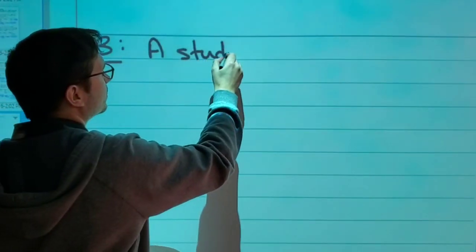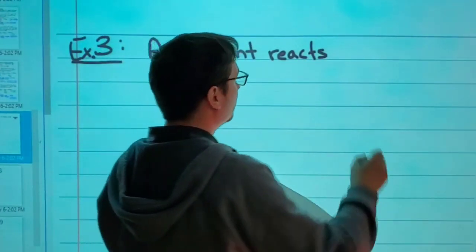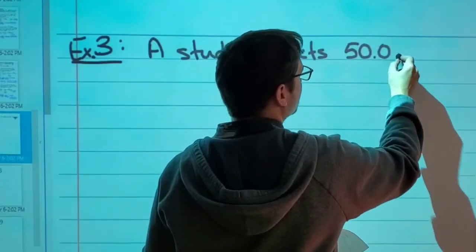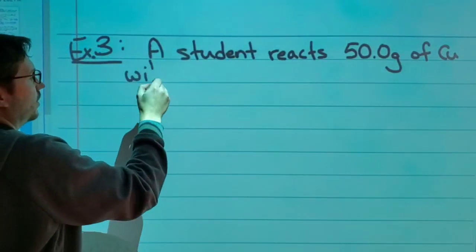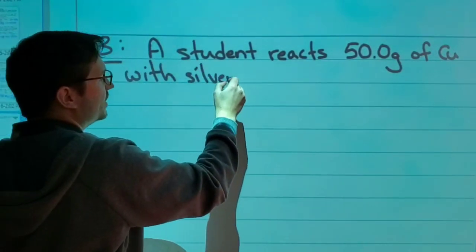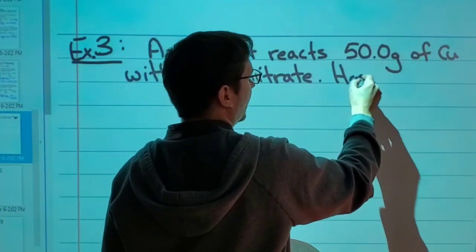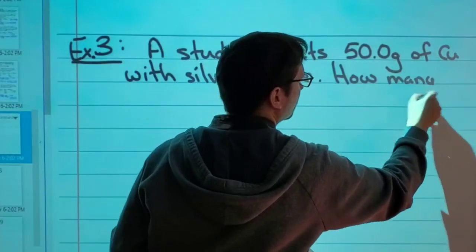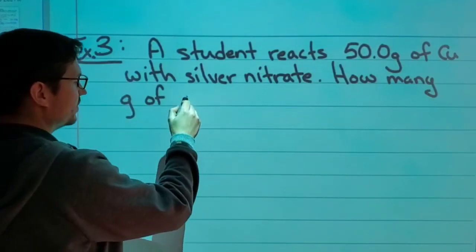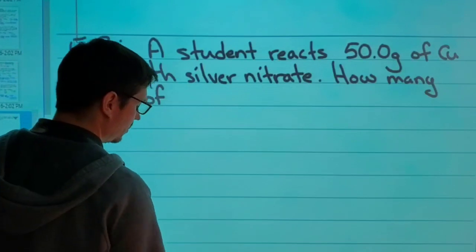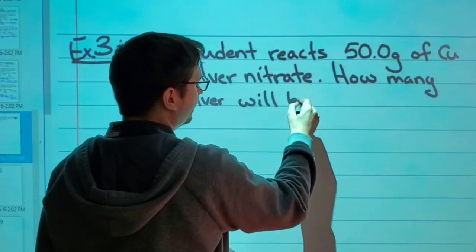A student reacts 50.0 grams of copper with silver nitrate. How many grams, or what mass, right? How many grams of silver will be produced?